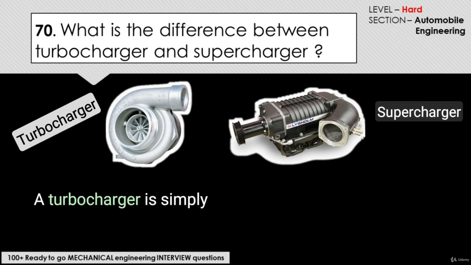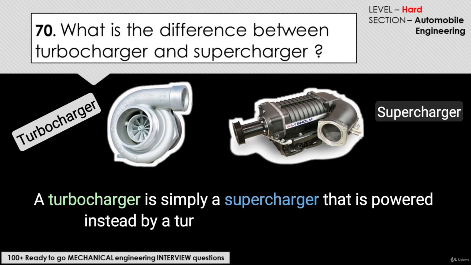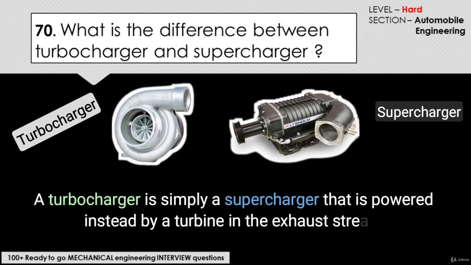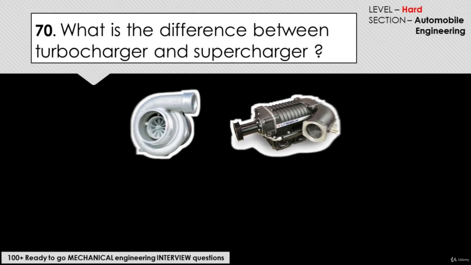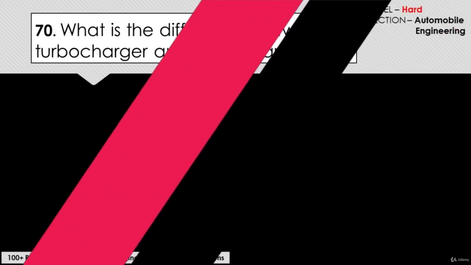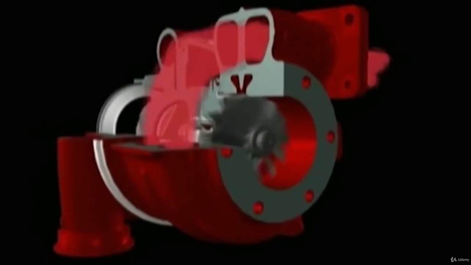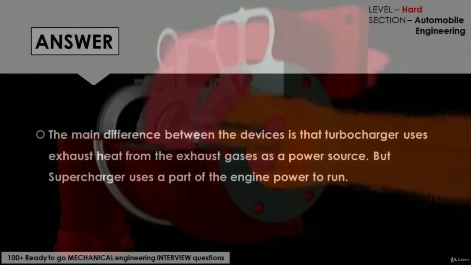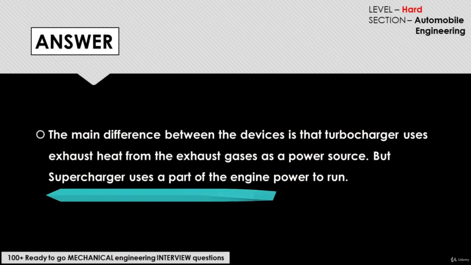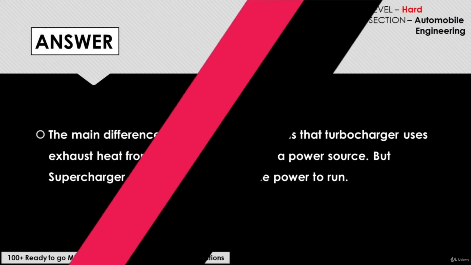A turbocharger, on the other hand, is simply a supercharger that is powered inside by a turbine in the exhaust stream. The main difference between these devices is that a turbocharger uses heat from the exhaust gases as a power source, but a supercharger uses a part of the engine power to run.